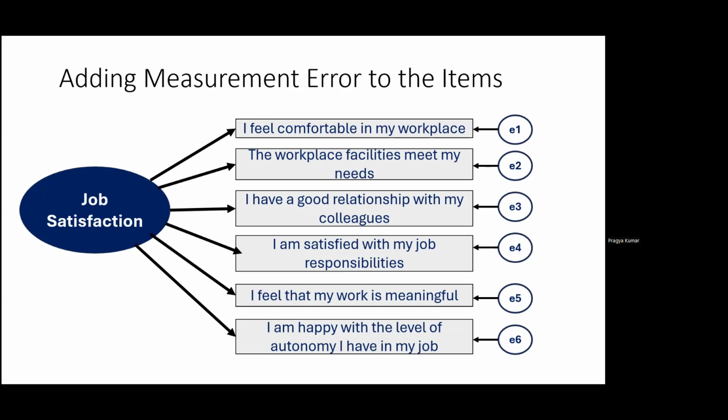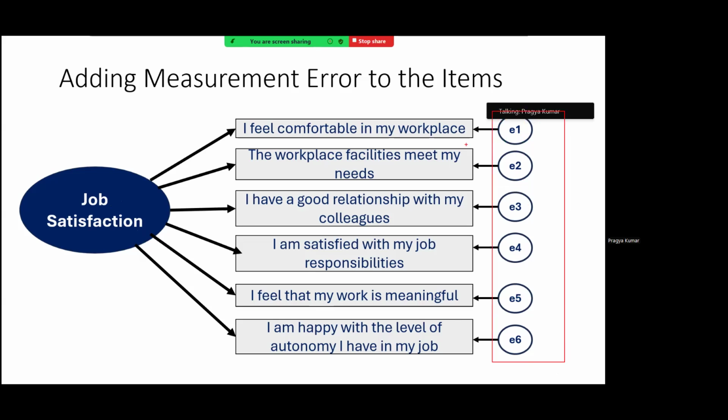All these errors are unique. We always call this change common to all items. Can you see that from this arrow, it is emerging to all the items? So this job satisfaction is common to all items. But if you focus on this, the error is unique to each item.